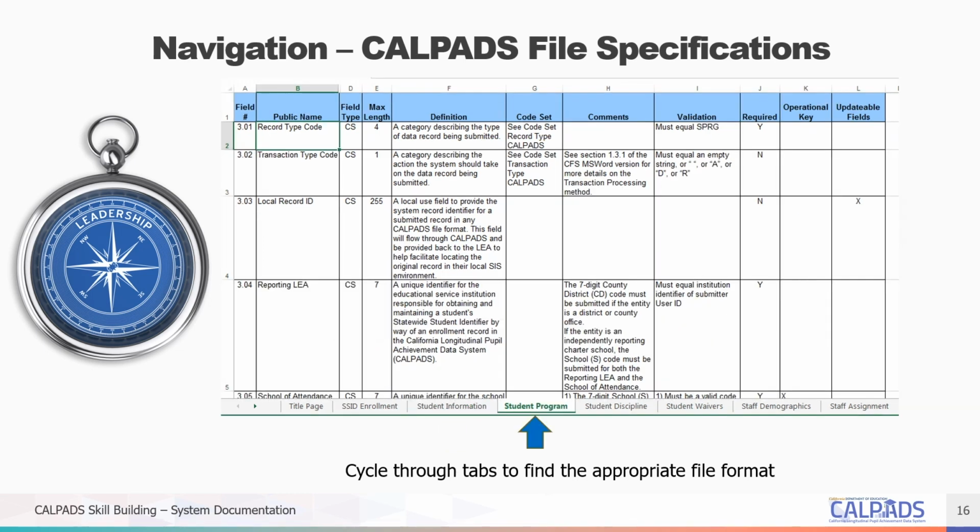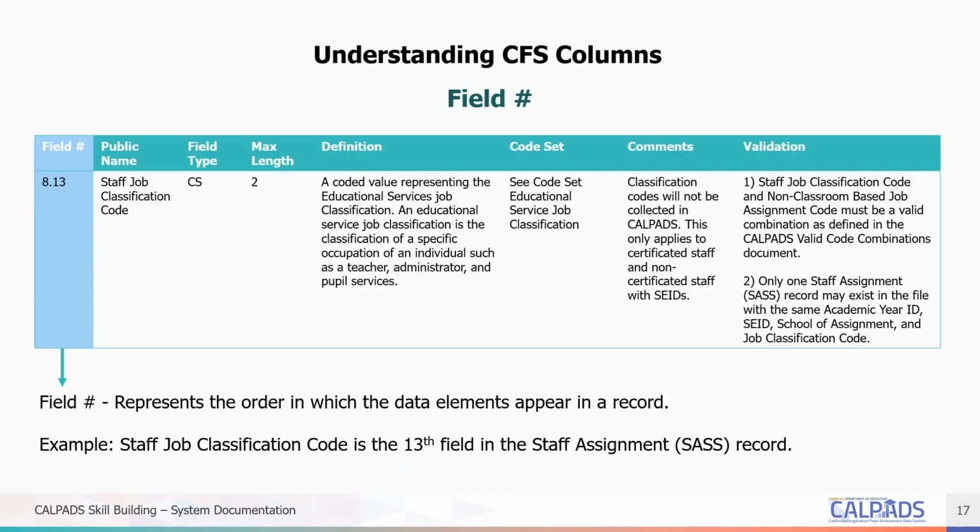Next is the Student Program tab, which contains the same kind of information for the Student Program file type, often referred to with the abbreviation SPRG. And so on for each of the tabs in the CFS. Each tab represents a CALPADS file type, and each tab contains information on the CALPADS policy and business rules as they relate to individual fields in that file type.